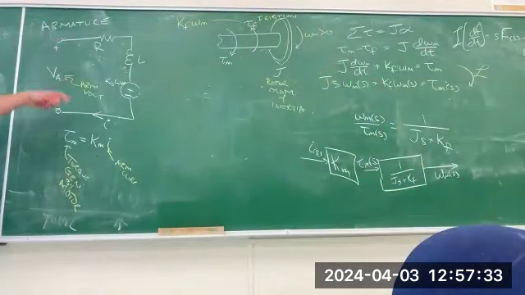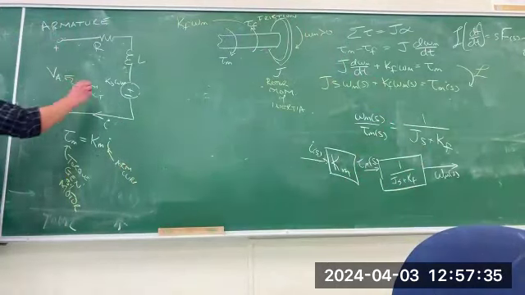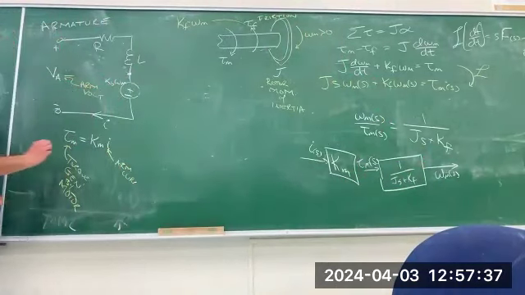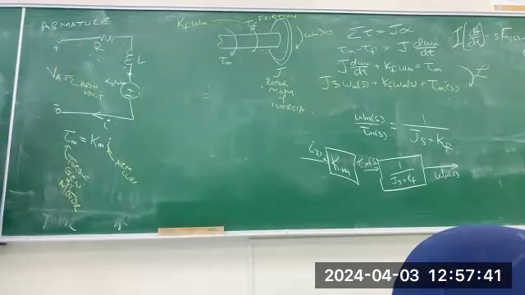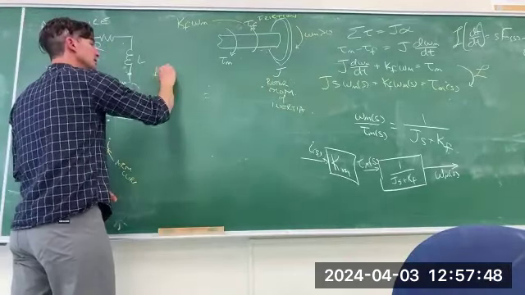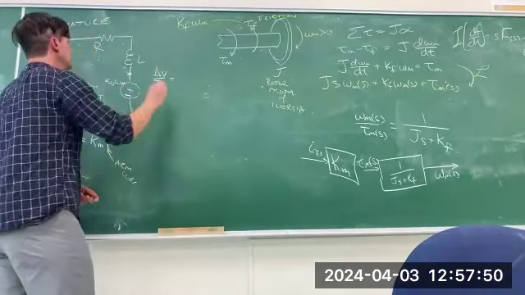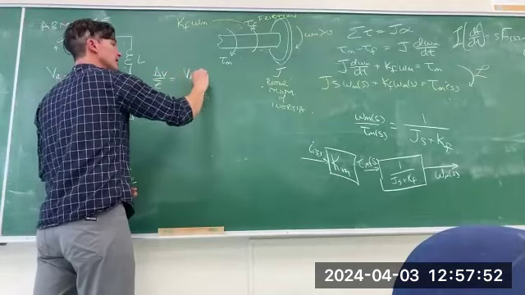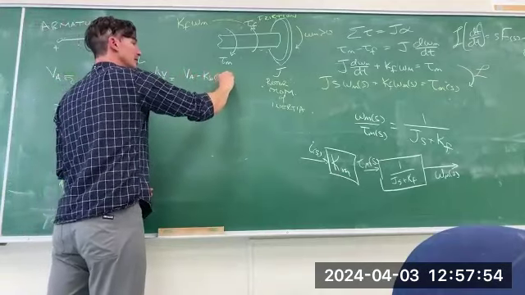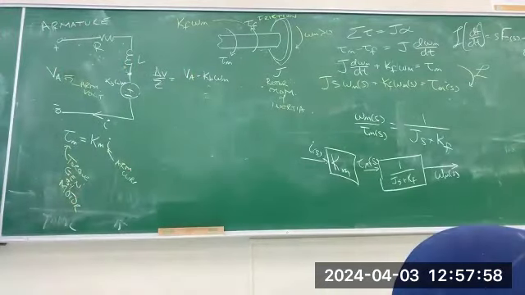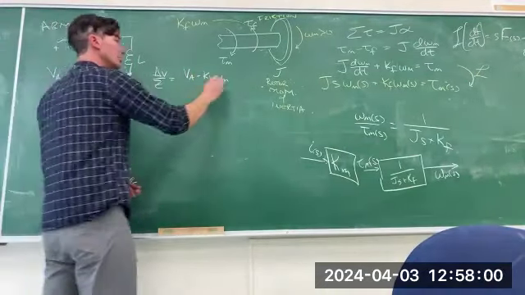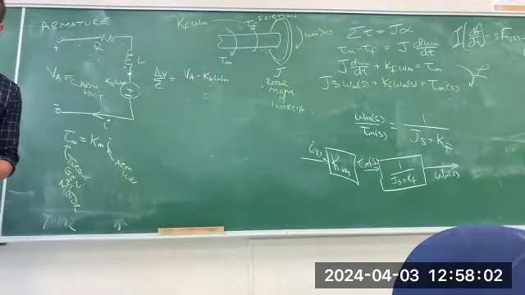Okay, so let's do, what do we got? Ohm's law. The voltage difference across this RL series is going to be VA minus KB omega M. So delta V over Z is going to be VA minus KB omega M. We might as well do this in Laplace, right?